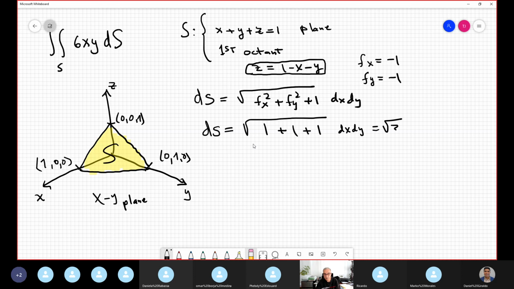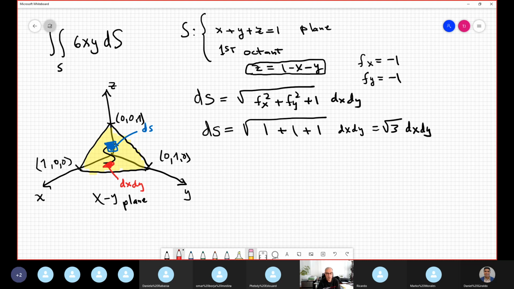And this is radical 3 dx dy. The interpretation is that one elementary surface element dS has a corresponding, totally flat, horizontal dx dy on the xy plane. And the relationship between these areas is radical 3 in this specific problem.